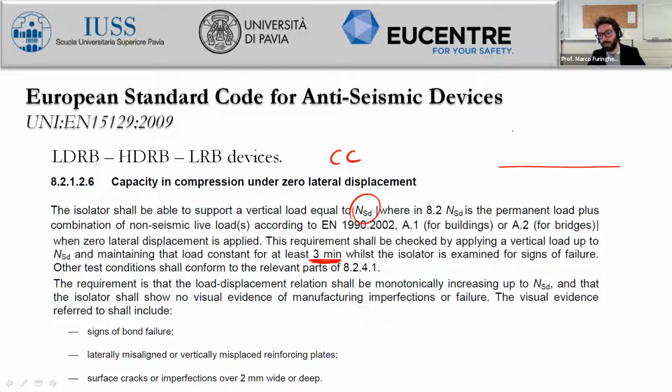So it is exactly the trapezoidal waveform. Now the input signal is not a displacement, but a vertical load. There is a ramp, then we keep it constant, and then we go back to zero load. This time window should be at least 3 minutes.